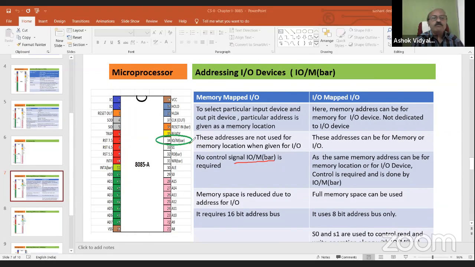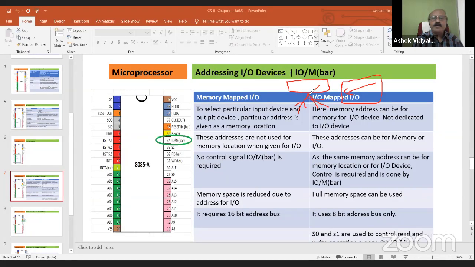See, this IO/M bar will define or will control whether it is memory or whether it is a IO. Because again, when we say that one particular thing is there and it will have two inputs, one from this way, one from this way, there must be one controller. That controller will say that, okay, now you wait, you go.